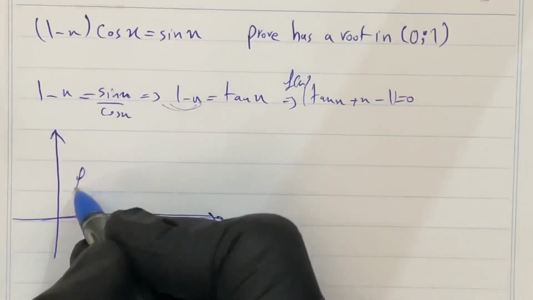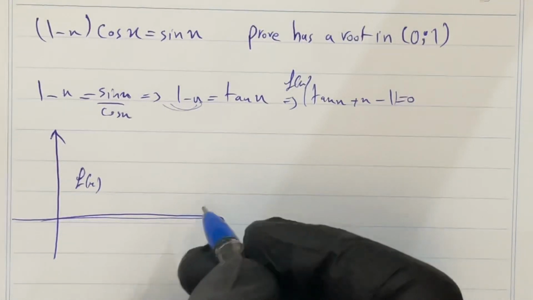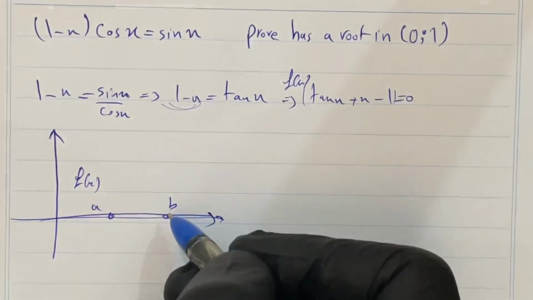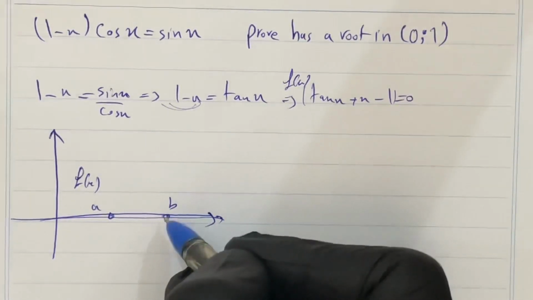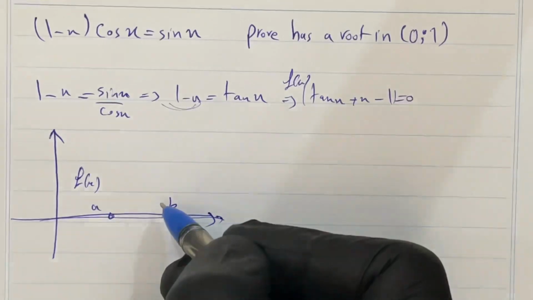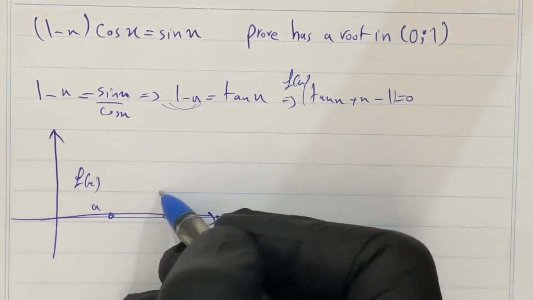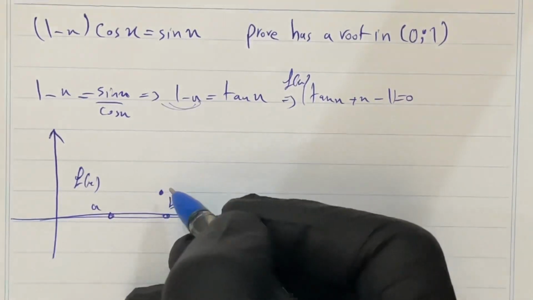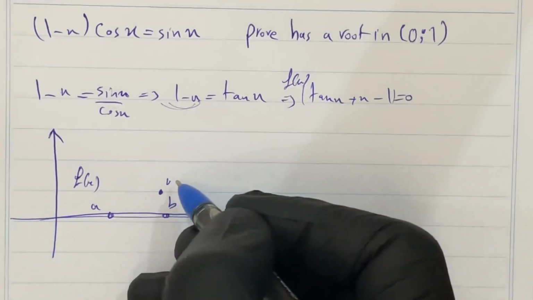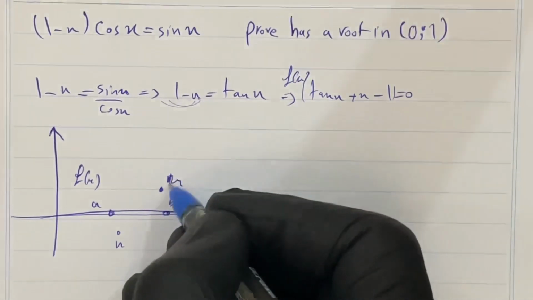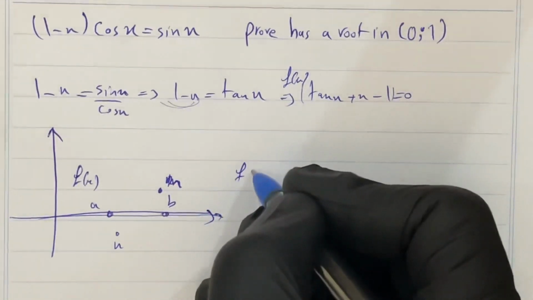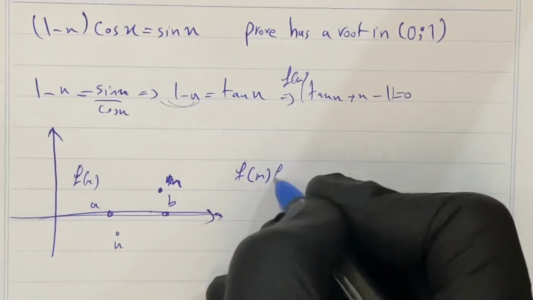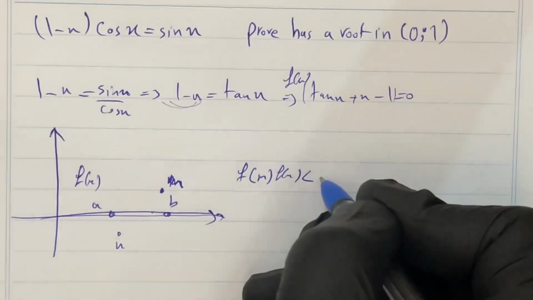In order for a function f of x to have a root in, for example, the interval a and b, we should have two values of f of x, let's say m and n, so that f of m times f of n is lower than 0.